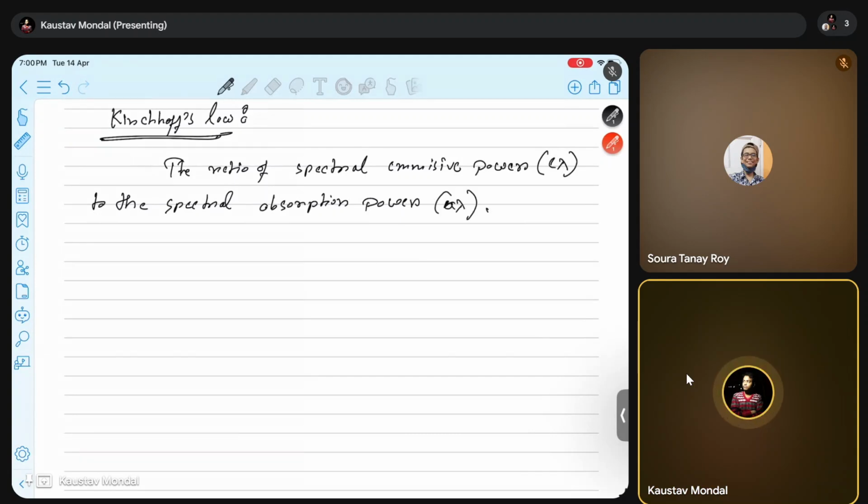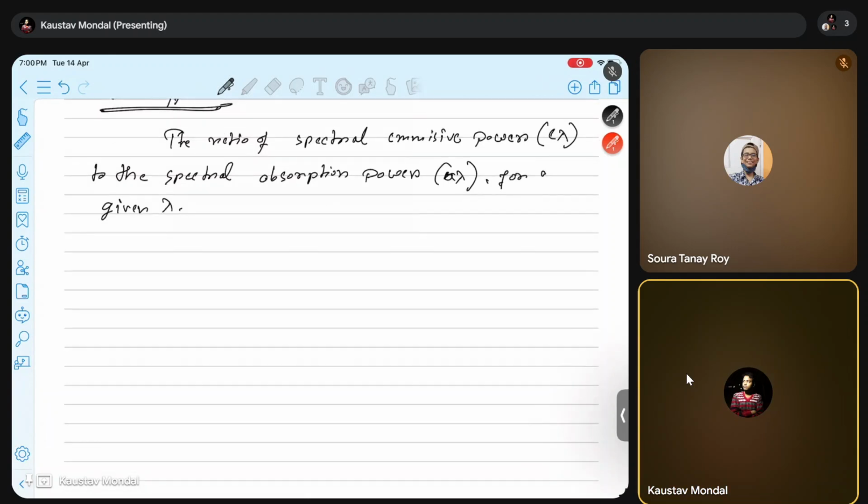The ratio E lambda by A lambda for a given lambda, for all bodies, is equal to the emissive power of a perfect black body.